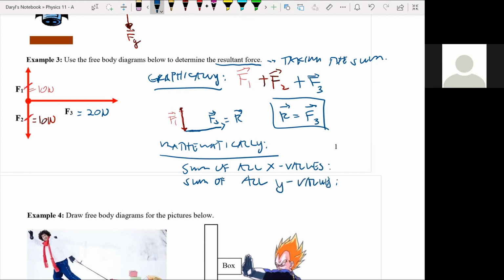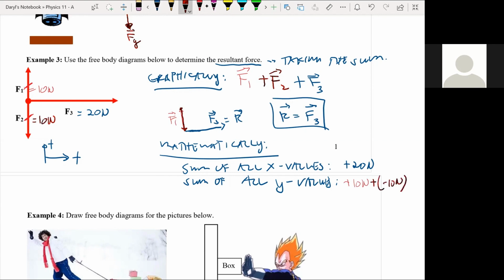So for the x values, I only have positive 20 newtons. If to the right is positive, and going up is positive, the y values are positive 10 newtons plus the negative 10 newtons.